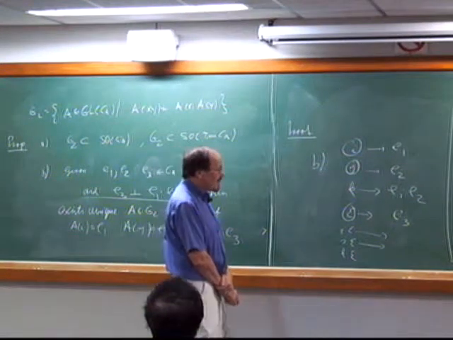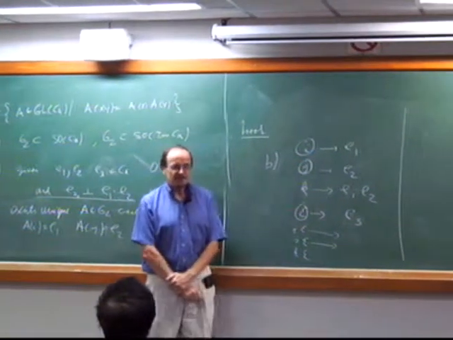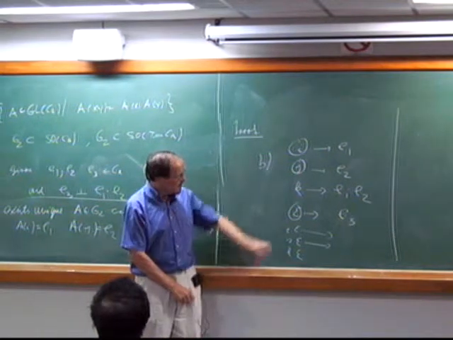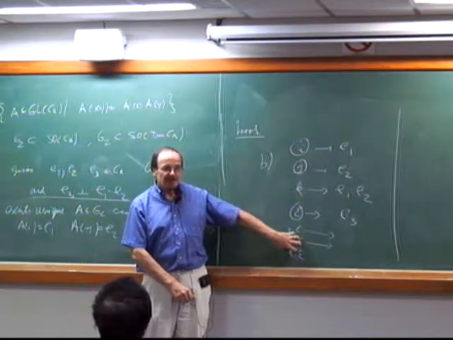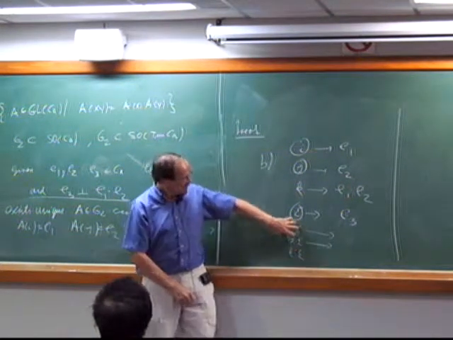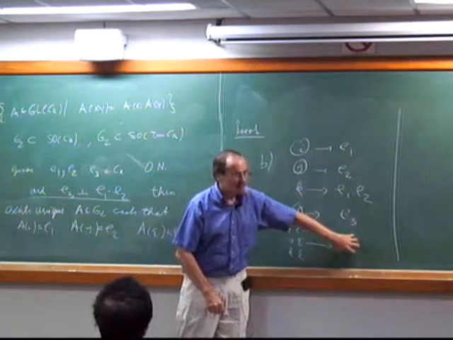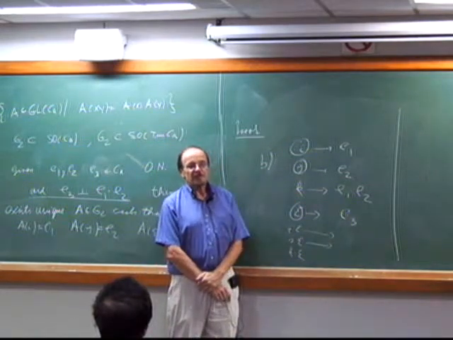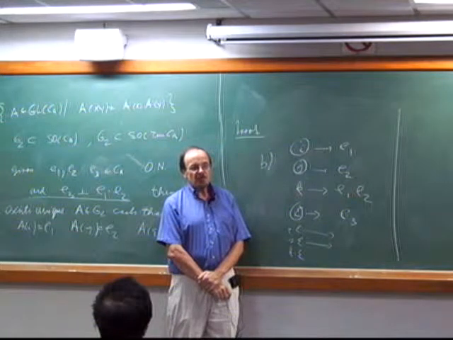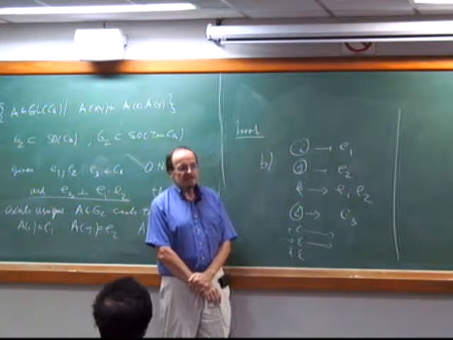That's correct, but now I have to check the whole thing is an automorphism. Particularly, if I multiply this times this here, I know where this one goes, I know where this one goes. Why does a product go to the product? That's a priori not so clear. Okay, so that's the issue.